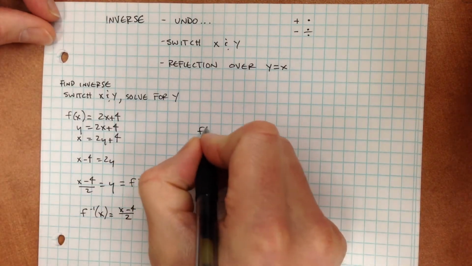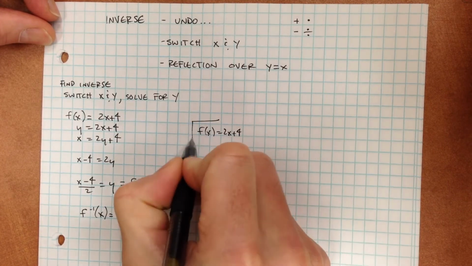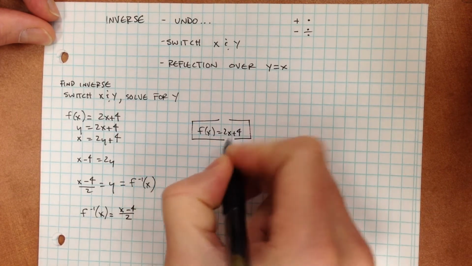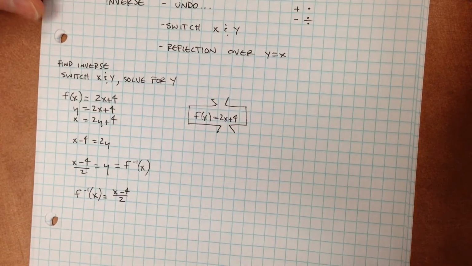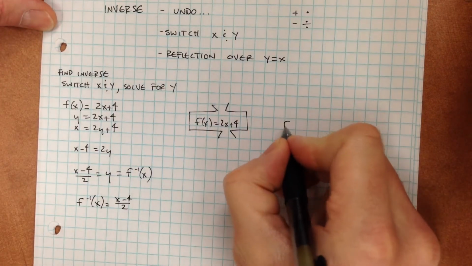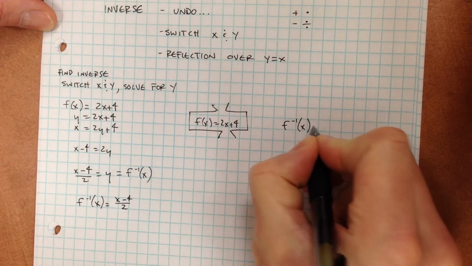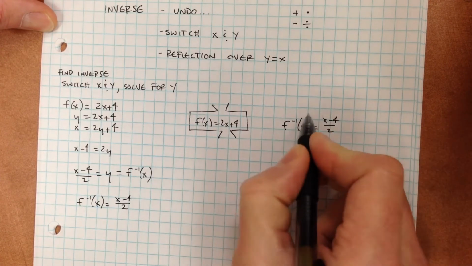So we could have f of x equals 2x plus 4 as one machine. We could have a secondary machine, pardon that little bump right there. Let's have our inverse: f inverse of x equals x minus 4 over 2.